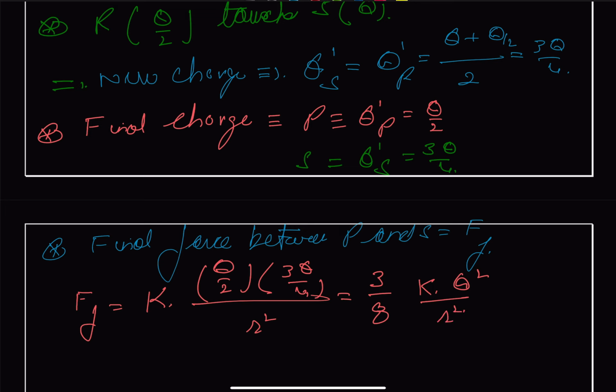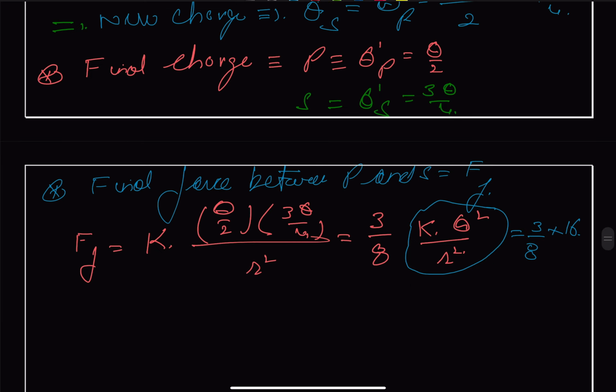And this value is given to us as 16. So we can say this is 3 by 8 multiplied by 16. And this goes by 2. So we get our F final will be equal to 6 newtons.